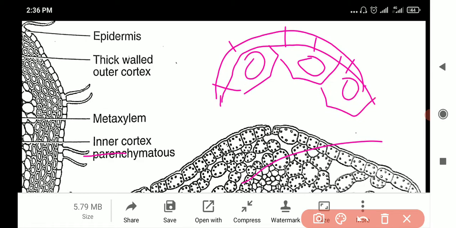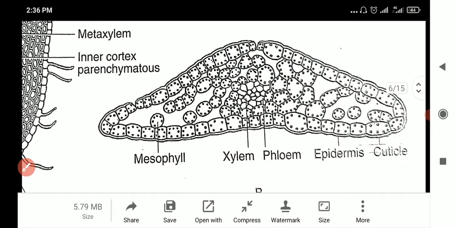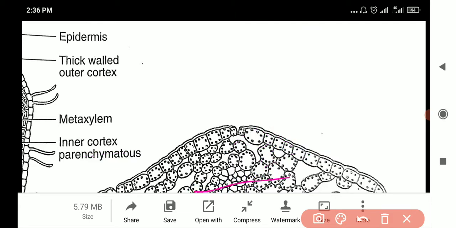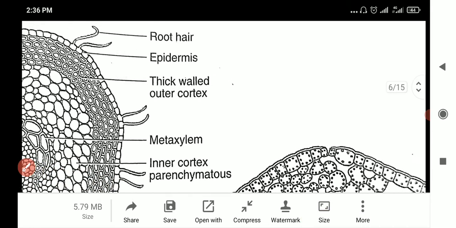Maybe one more layer you will draw like this. Then you will draw the middle inner cortex, like this. I wish I had a board for you to draw. Drawing on the computer is so tough.